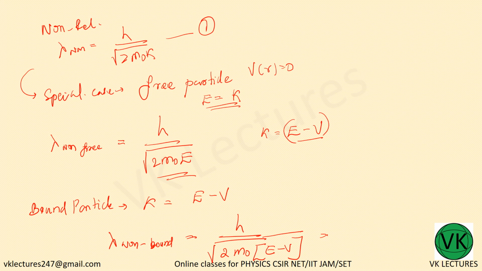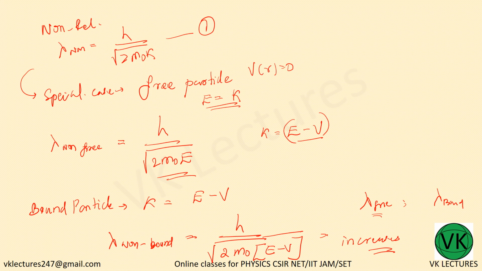So here you can say, if this is lambda free and this is lambda bound, the wavelength of a bound particle increases as and when the particle moves to an area of high potential.